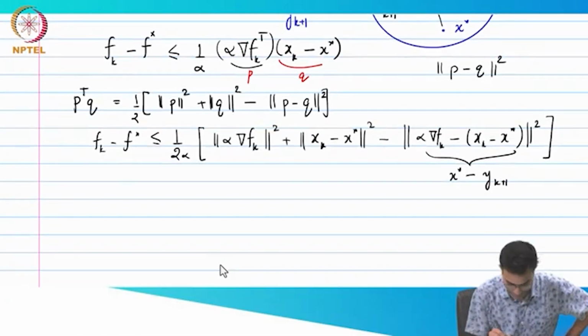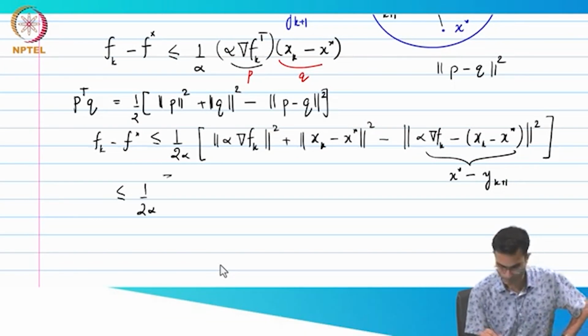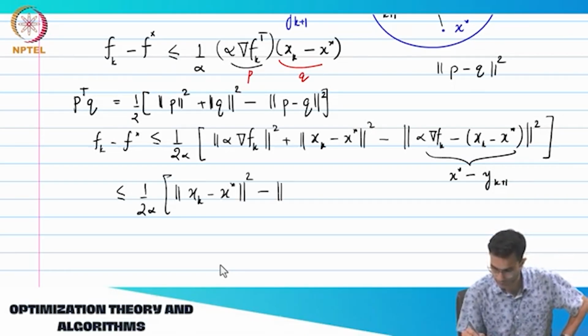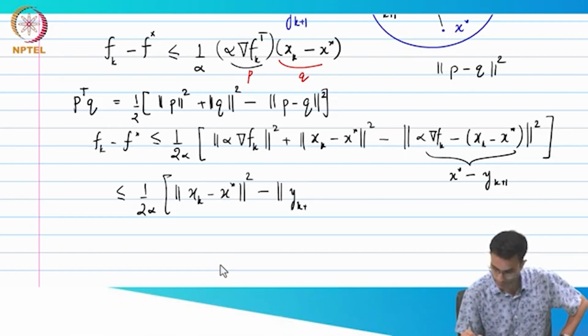So let's just rewrite this over here. So 1 by 2 alpha, okay, I have xk minus x star squared, I have yk plus 1 minus x star whole squared, okay.